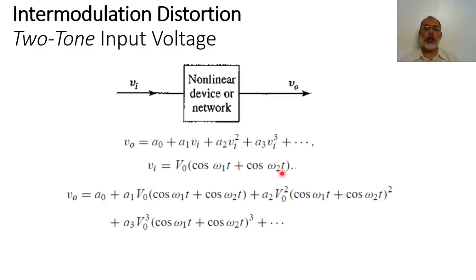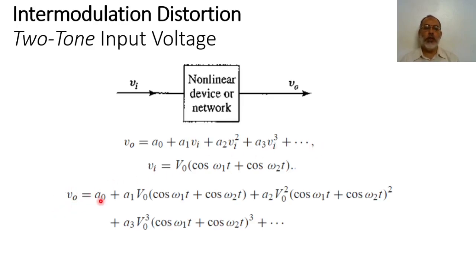The combination of these two signals is the input signal for the nonlinear device. In this case, the output of the nonlinear device, according to the representation of the nonlinear device, Vout is A0 + A1 Vin + A2 Vin² + A3 Vin³, and so on. It would be as follows.